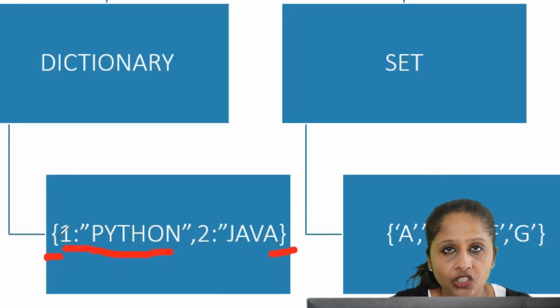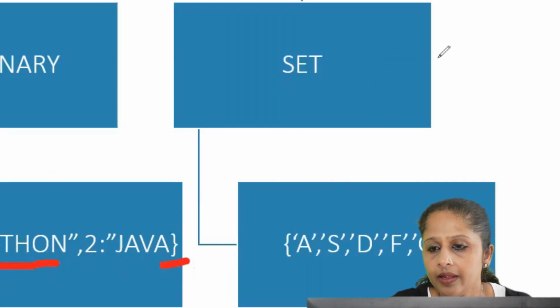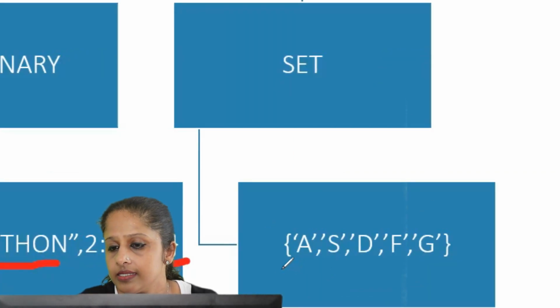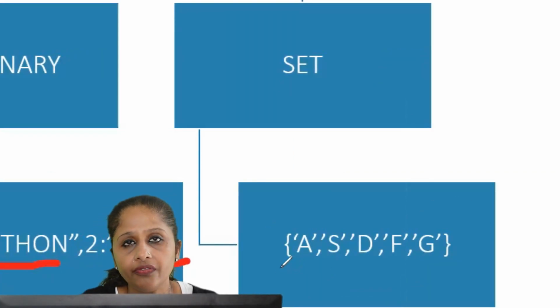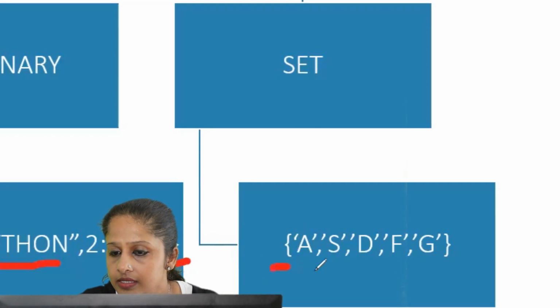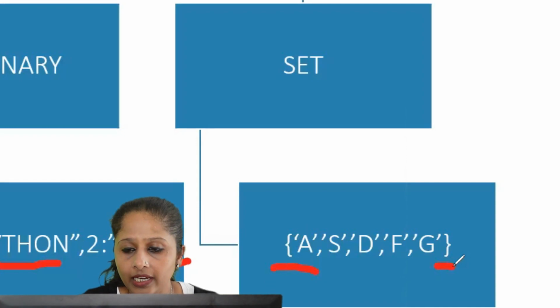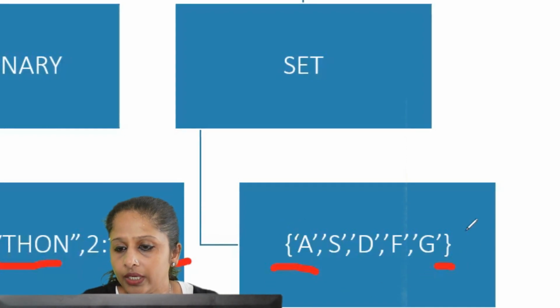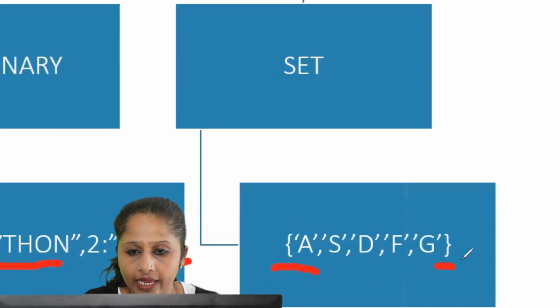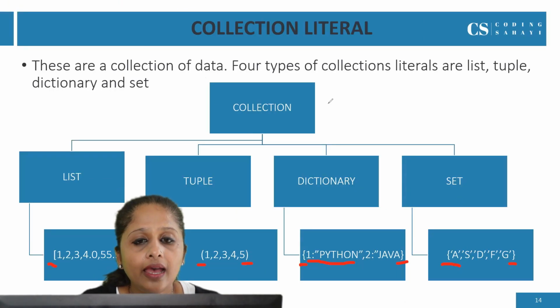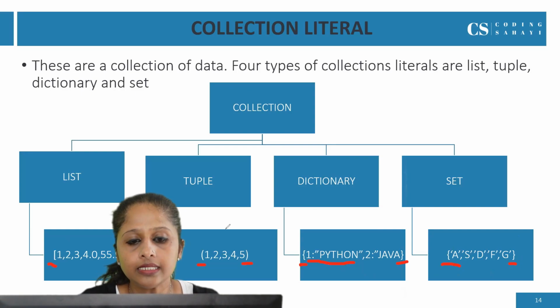So we are writing dictionary literals inside curly brackets. Then we have set. In a set also we can use different types of data, and this is also represented in between flower brackets or curly braces. So inside curly braces we are writing set literals. These are the different types of collection literals: list, tuple, dictionary and set.